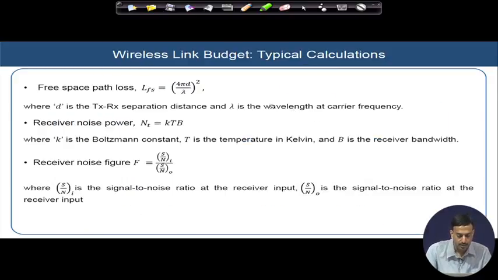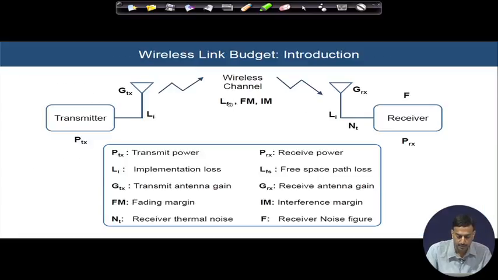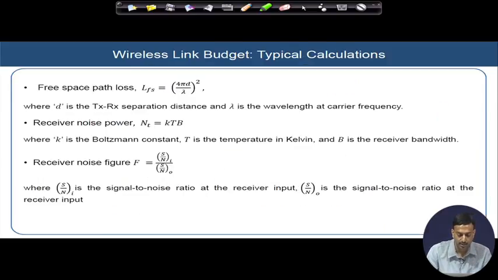As I mentioned, the free space path loss, which figures over here, is basically the propagation loss that happens in a wireless channel, and is expressed by what is called the popular free space transmission formula.